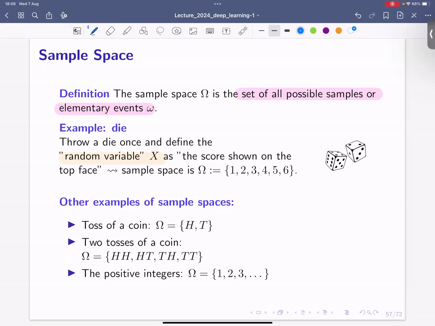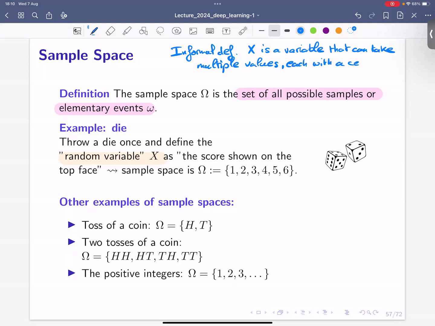So, informal definition: X is a variable that can take multiple values, but each of those values with a certain probability.